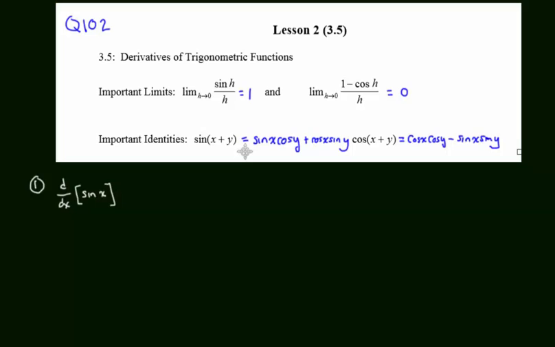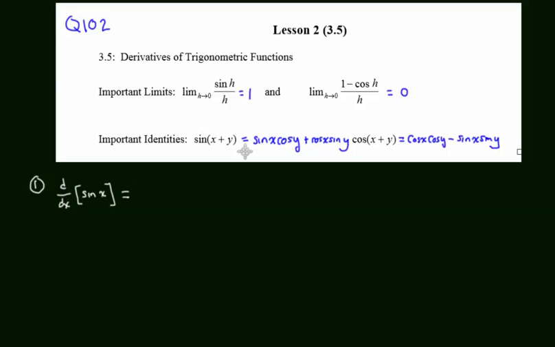The first thing that we're asked to do is to find the derivative of the sine of x. Now, eventually we're going to commit these to memory, but initially we need to derive what their value is, and the only thing we have are these properties above. So, in lack of memory and with these properties, the only thing we can use is the definition of the derivative.